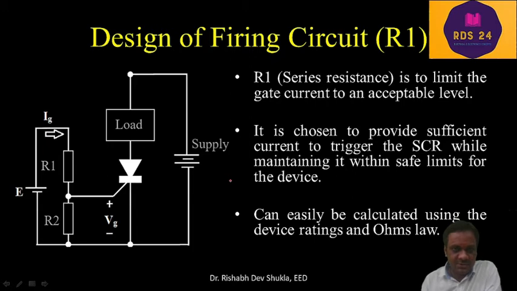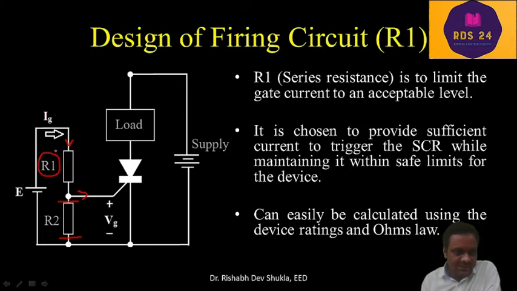So when we are coming to the designing part of the circuit, we have already calculated this series resistance, which should be required in order to maintain the safer limit of the current in this circuit. So firstly, don't consider this R2 resistance. We will discuss it afterwards.